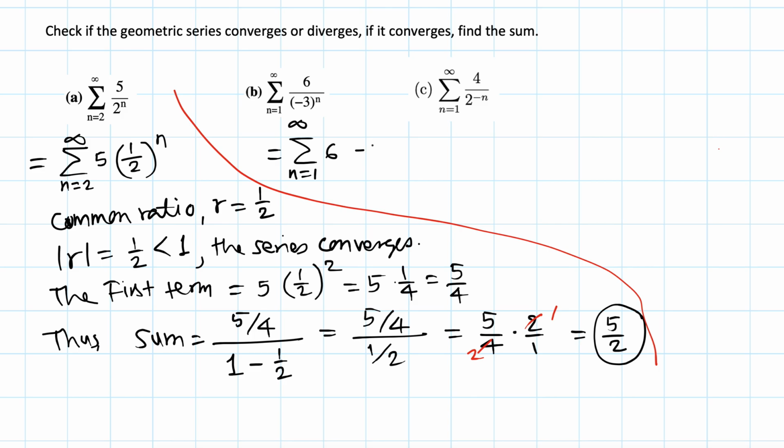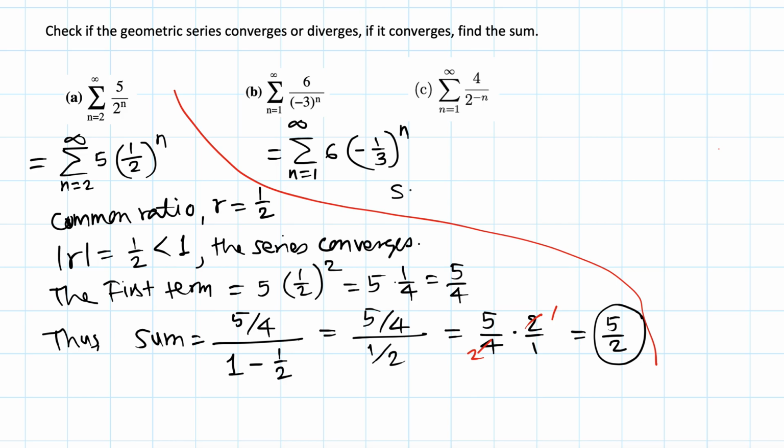So we can write -1/3 raised to n. 1 raised to n is 1, so that's always on the top. Now the common ratio is -1/3.